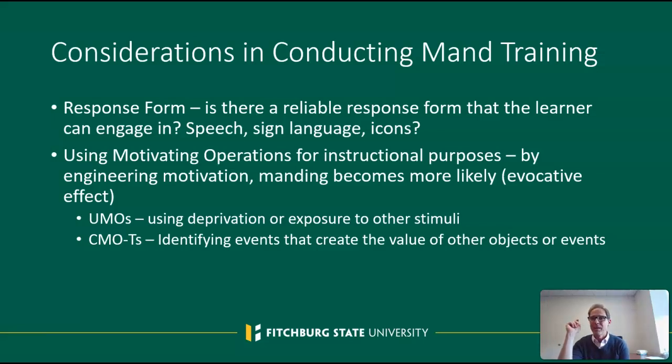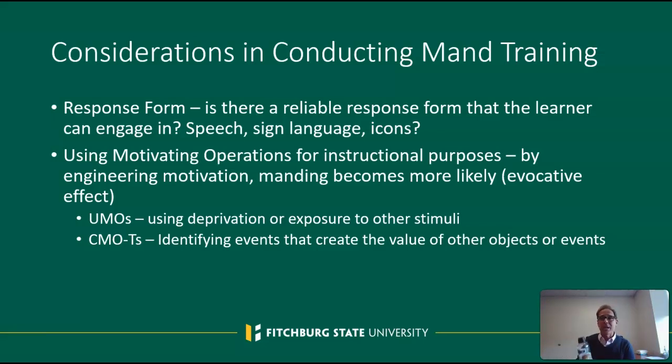Let's say, for example, that we're targeting a mand, and we're trying to capitalize on the motivating operation of someone being thirsty, and so we've provided access to salty snacks, right? But now let's say that we've got a water bottle here, right? And let's say that the person doesn't have the manual dexterity right now, or the strength to be able to open that water bottle, right?